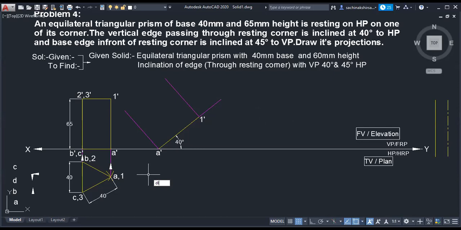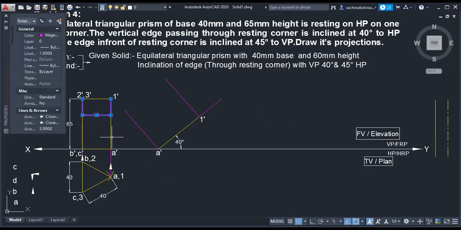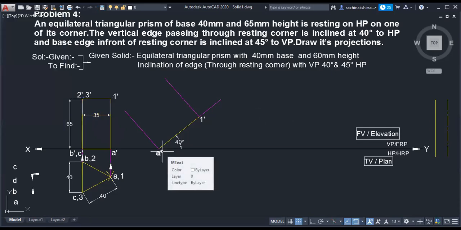How much is it? 35. 34, 35. 35 is exact, no issue. 35 is the height of that equilateral triangle. 34 or 36 is also fine, 1 mm we can accept. So exactly it is 35. Take that distance in the compass and mark it.